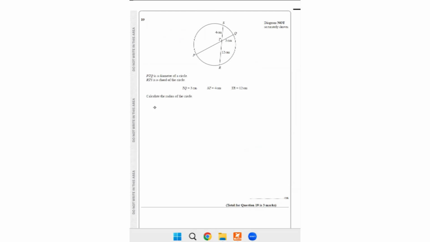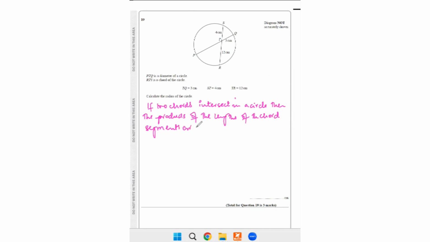So when in a circle we have two chords intersecting each other, they follow this one simple rule, which is that if two chords intersect in a circle, then the products of the lengths of the chord segments are equal.